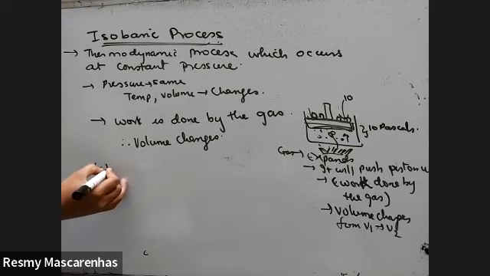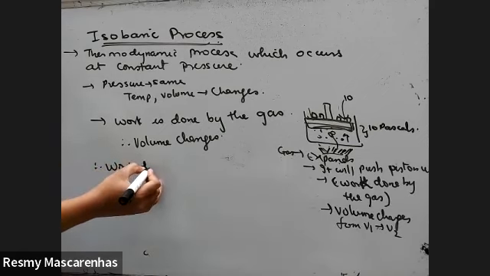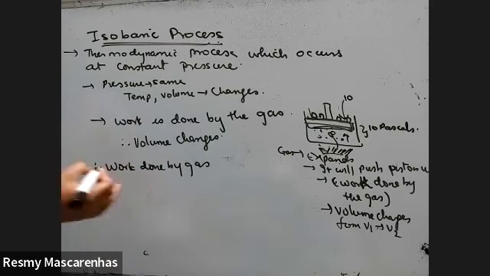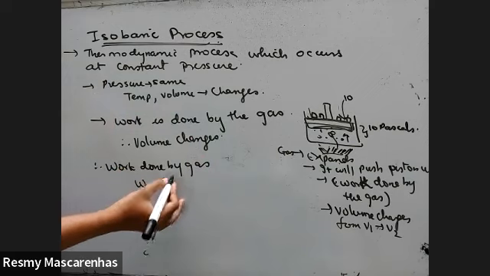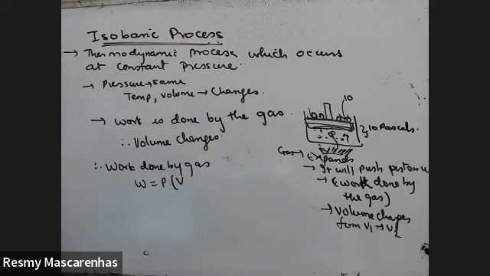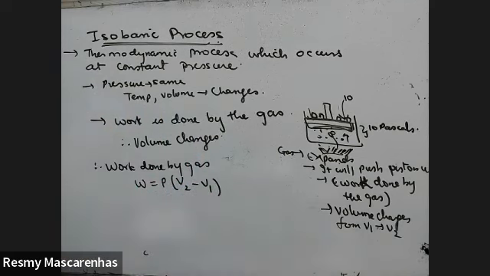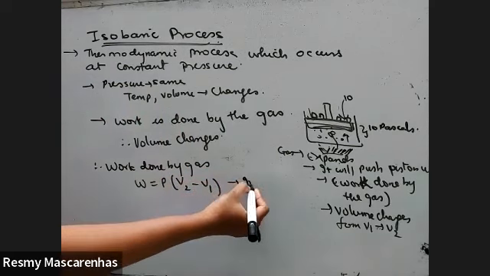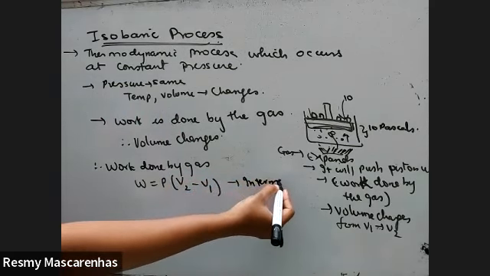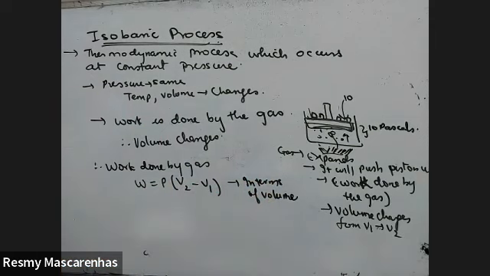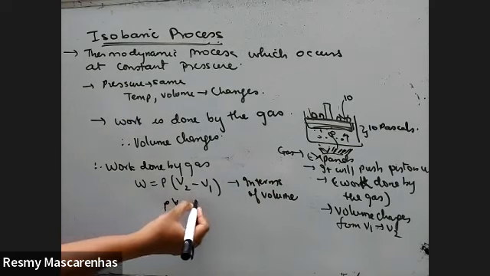Therefore, the work done will be given as pressure, which is constant and not changing now, times (V2 minus V1). So this is in terms of volume. If you want to know in terms of temperature, then you know that PV is mu RT.